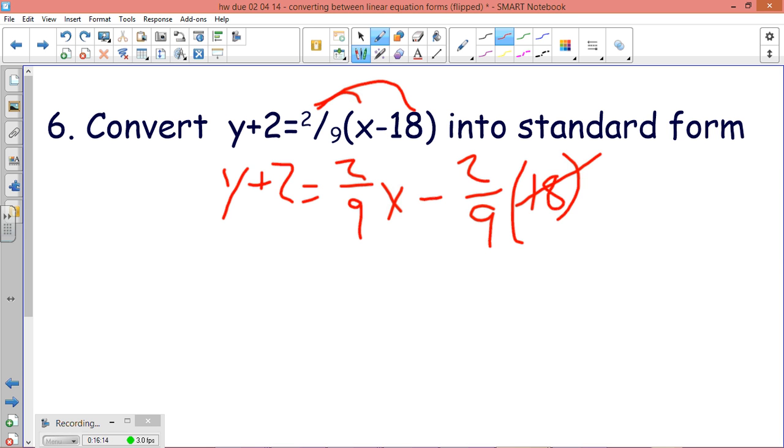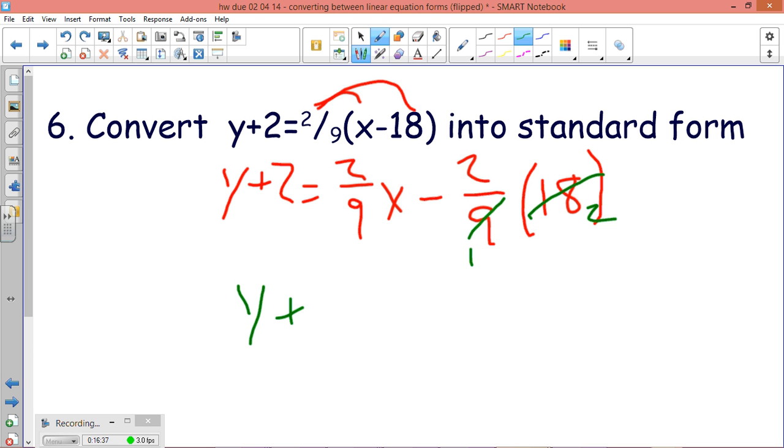The 18 and the 9 have a common factor. 9 becomes a 1, 18 becomes a 2. And I have y plus 2 is equal to 2/9 x minus 2 times 2, which is 4.